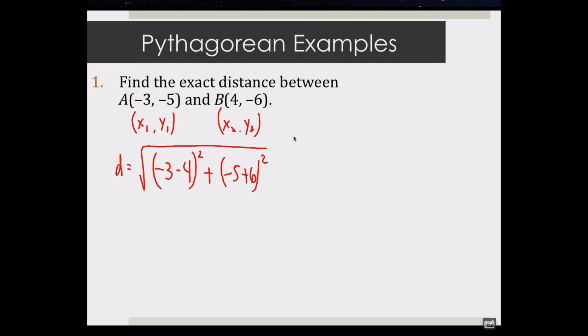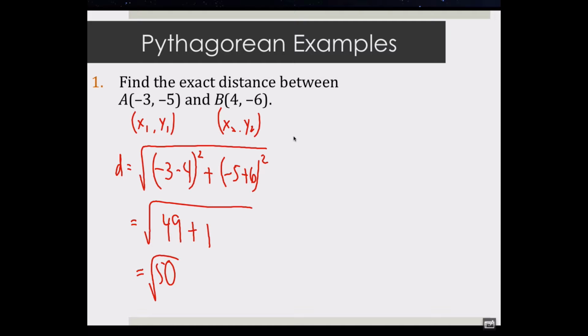A common mistake that people make when they start doing distance formulas is they take -3 minus -5 and 4 minus -6. Don't do that, that's wrong. Square root of: -3 minus 4 is -7, squared is 49. -5 plus 6 is 1, squared is 1. Sure enough, we get the square root of 50.